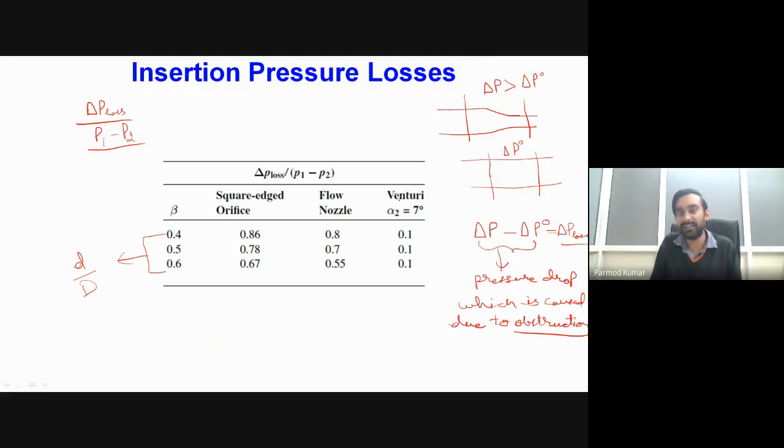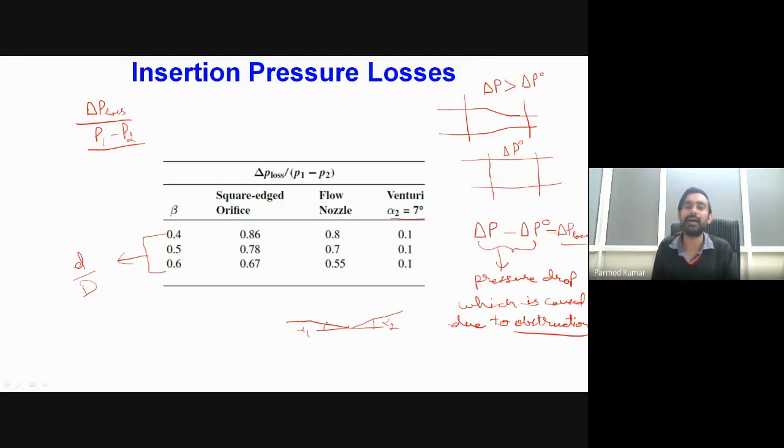And particularly if we consider the venturi, we initially have a converging cross section, then a throat, and after the throat we have a divergence. We have certain specified values of angles for the convergent section and the divergent section.